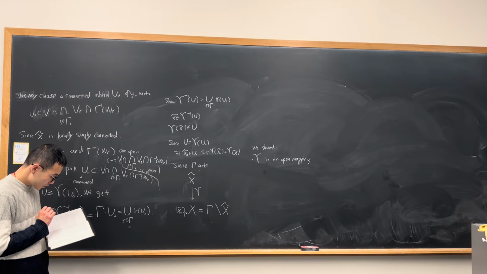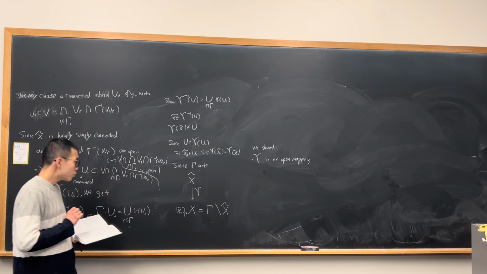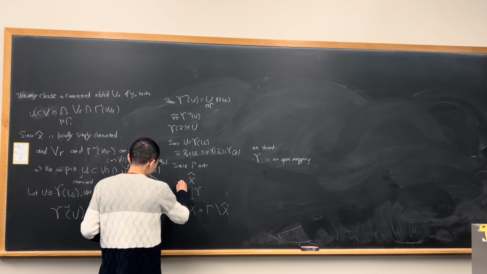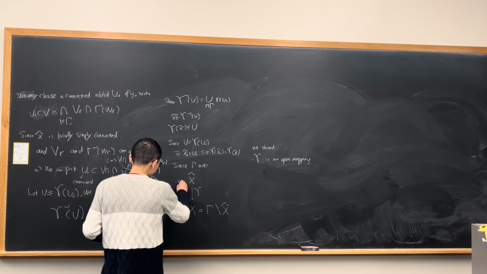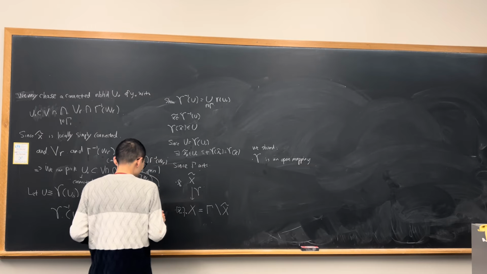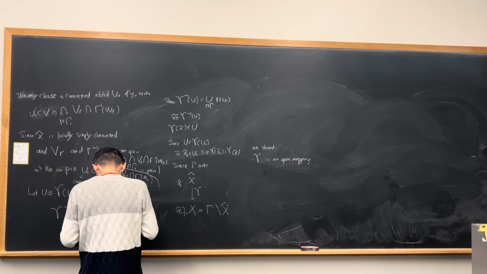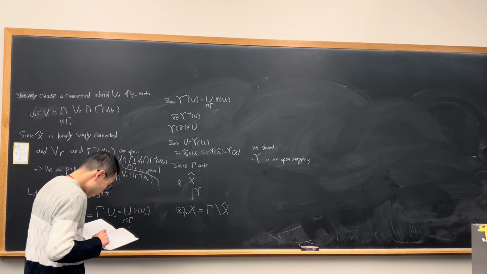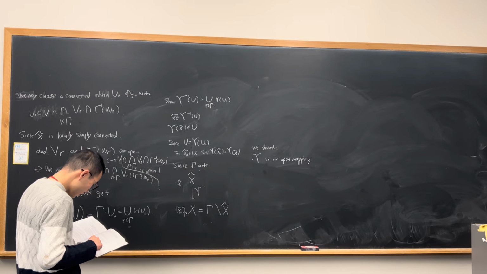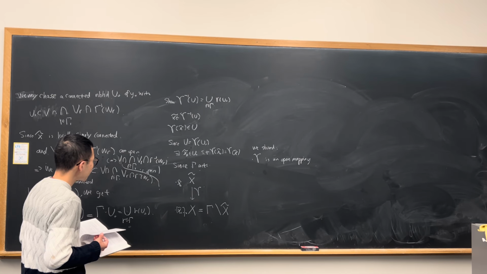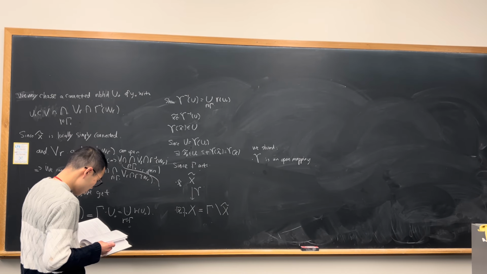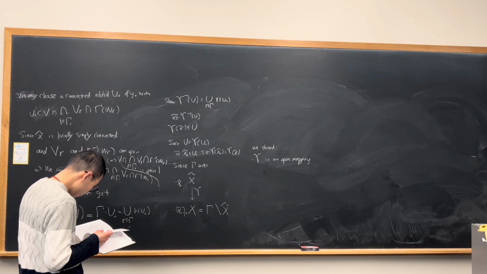So this is x naught, definitely here, because you have the identity element. You may not have the identity element being contained in this subgroup?